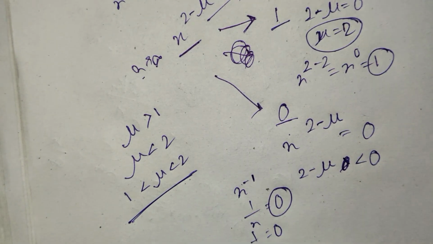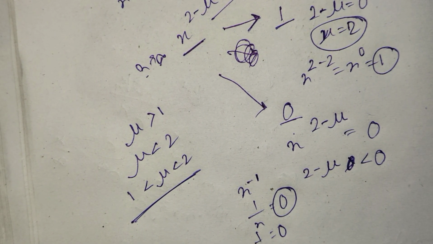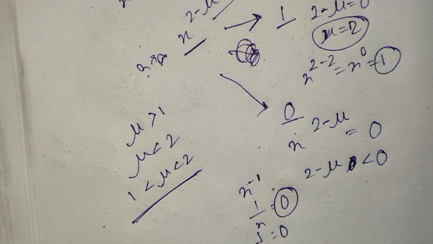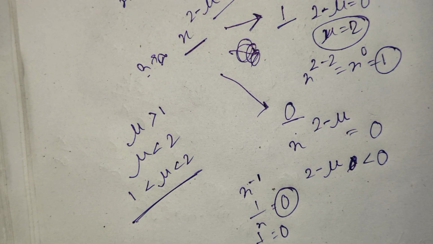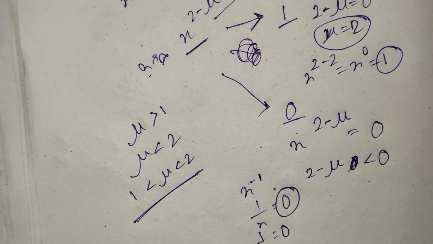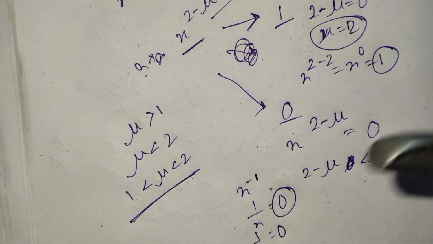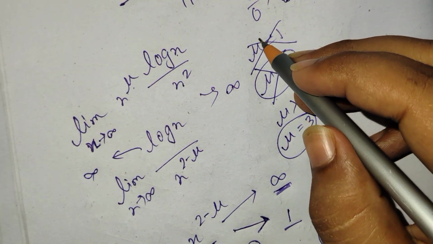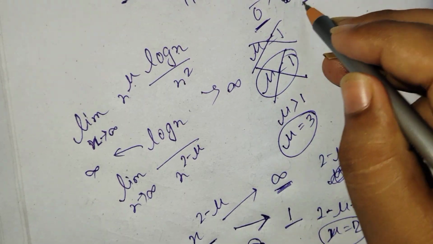This is the formula. Now I know it is too much complicated for understanding, but this is the process of the mu test, which is too hard. If you want to understand what mu is, you need to know about some processes. The main approach is this, and the main approach is too much complicated. You have to choose mu so that the limit will exist, and for the limit to exist we have to make these two formats.